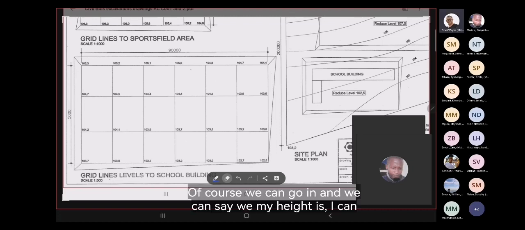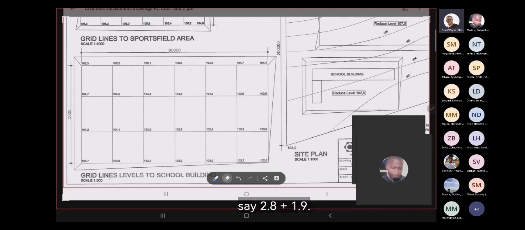Or we can say 2.8 plus 1.9, which gives me 2.35. But the best way for us to do the excavation for that section would be to use the formula of h over 6.